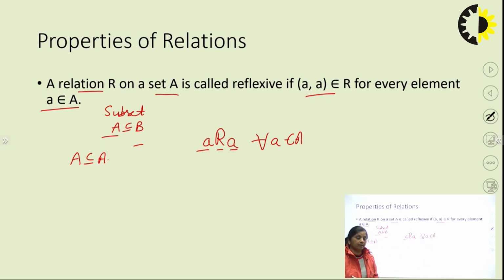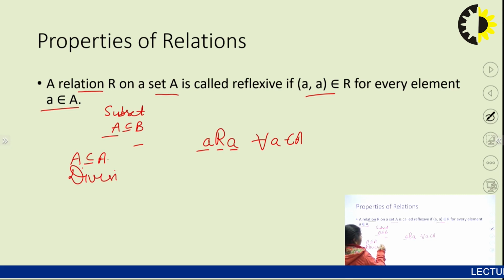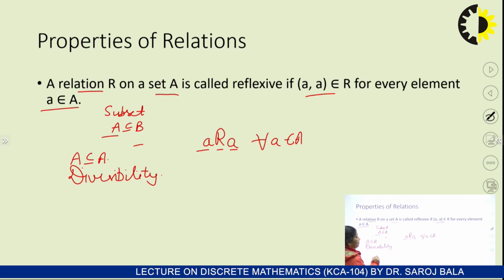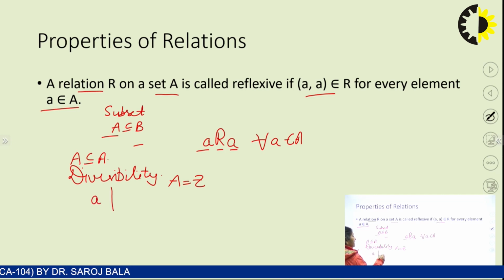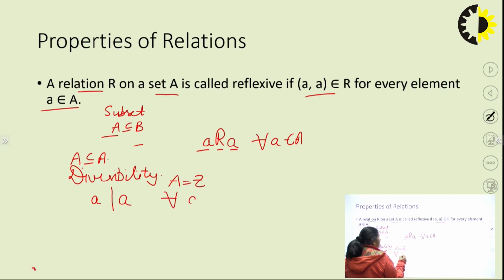Let us take another example. Let me take the example of divisibility again, where the relation is divides. If I take all the integers, my set A is Z. We know that every integer divides itself, for all A belonging to Z. So what does it mean?